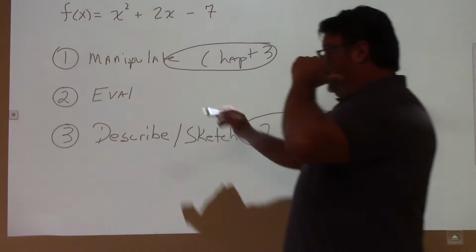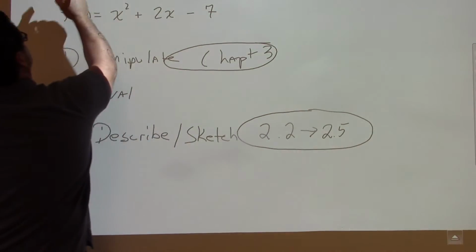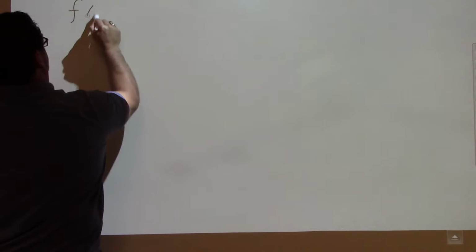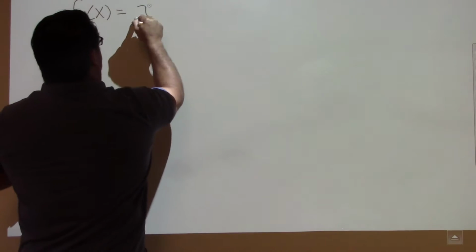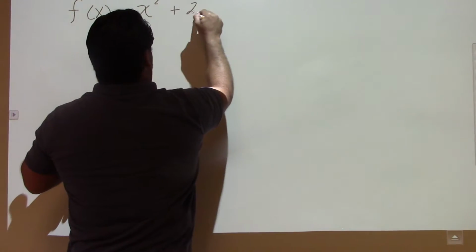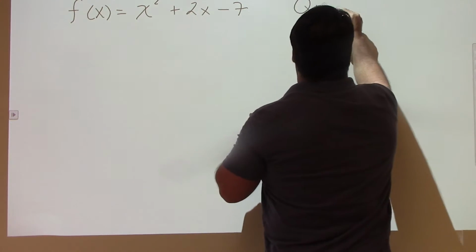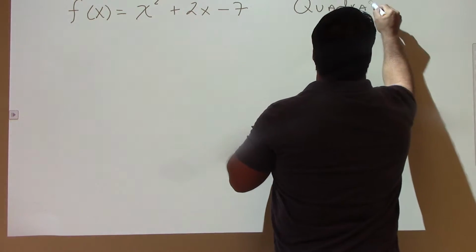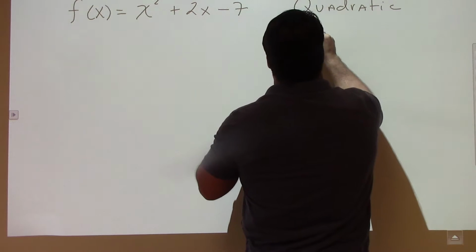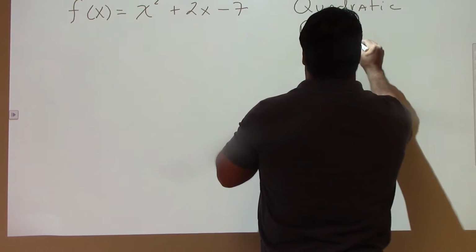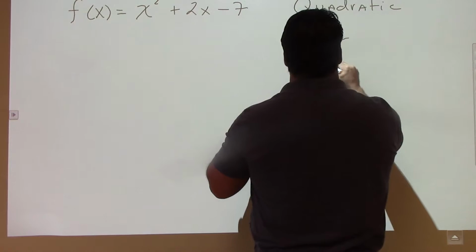With these quadratics, with a quadratic, f of x is equal to x squared plus 2x minus 7. This is called a quadratic. It's called a polynomial. And it's called a trinomial.